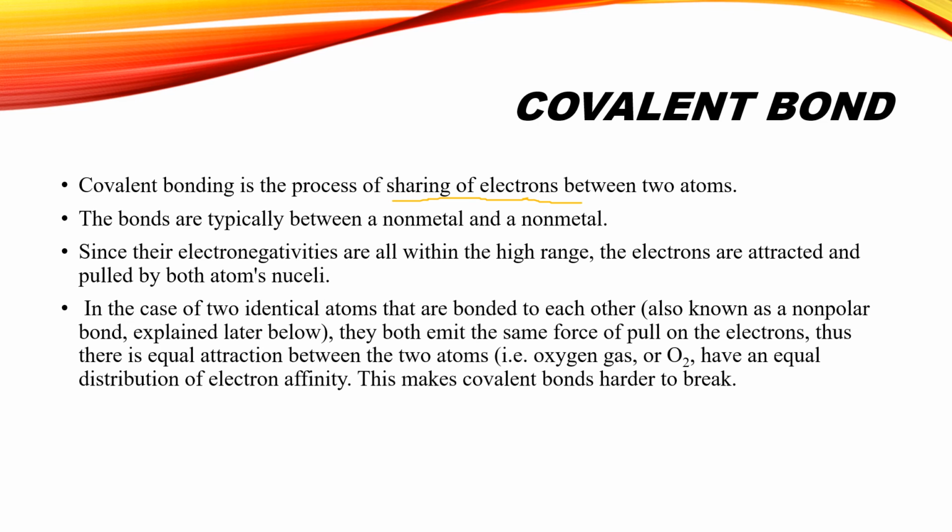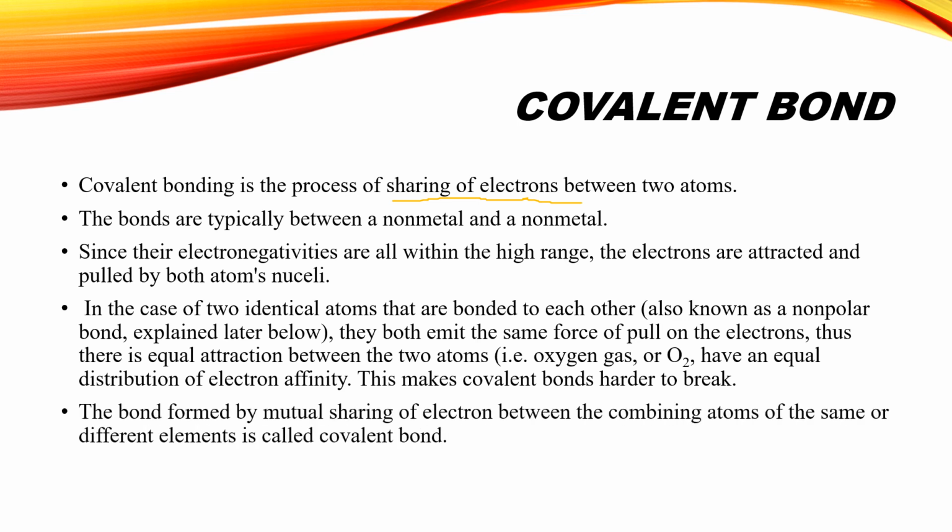In the case of two identical atoms that are bonded to each other, also known as a non-polar bond, I will explain later, they both exert the same force to pull the electron, and thus there is an equal attraction between two atoms, like oxygen gas, or to have an equal distribution of electron affinity. This makes covalent bond harder to break.